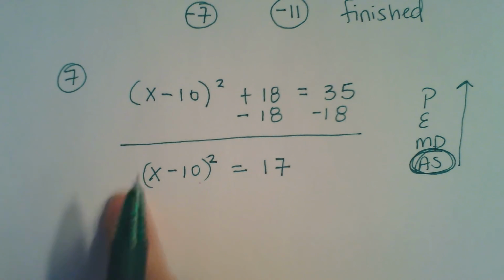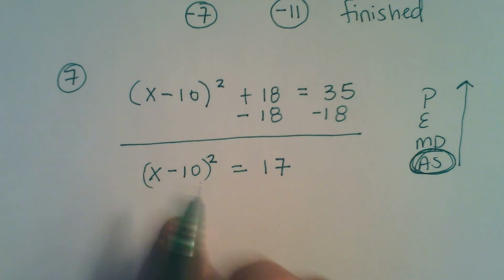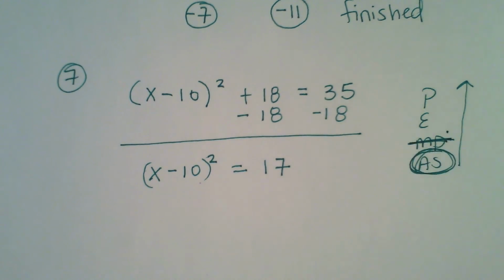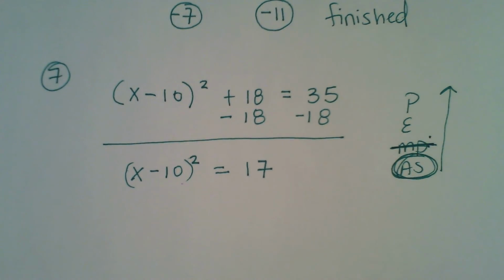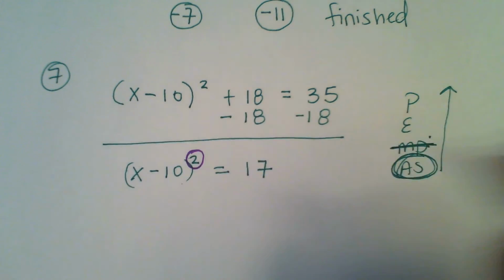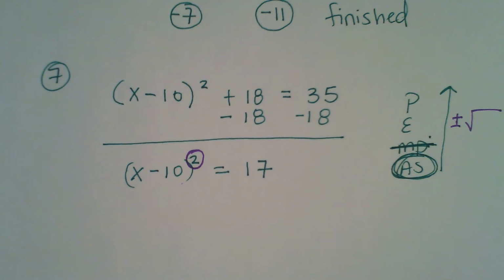I don't have anything multiplied in front of the parentheses or divided underneath it, so I don't need to do any multiplication or division. Next, we're going to move the exponent by square rooting both sides.